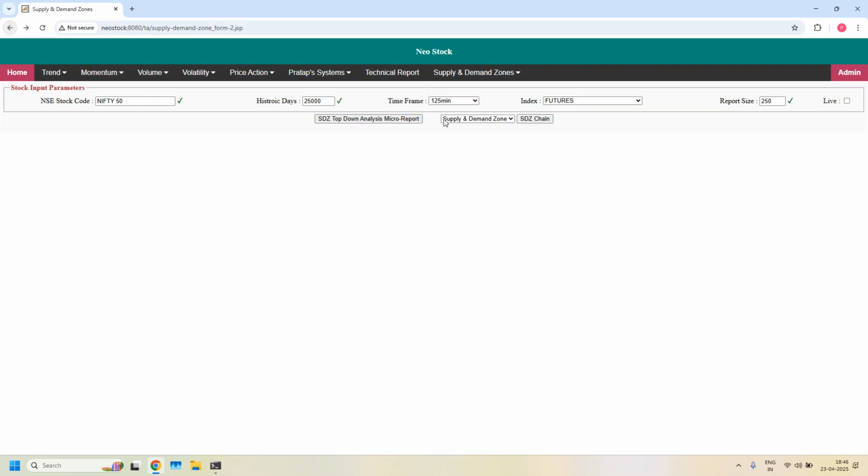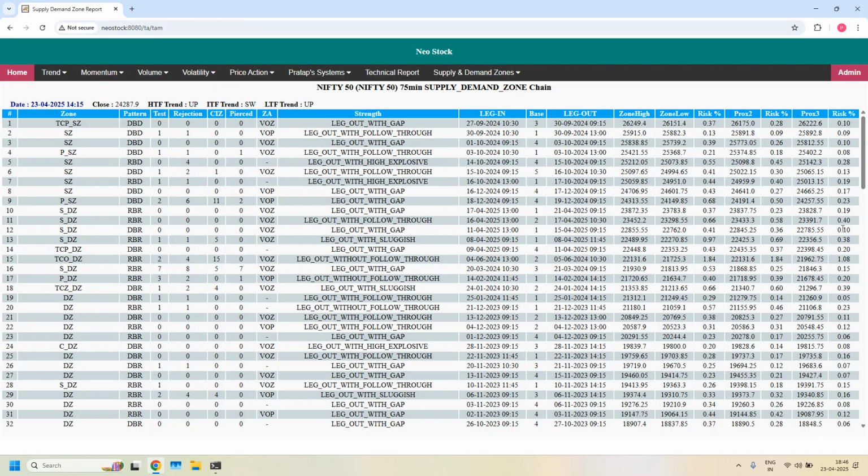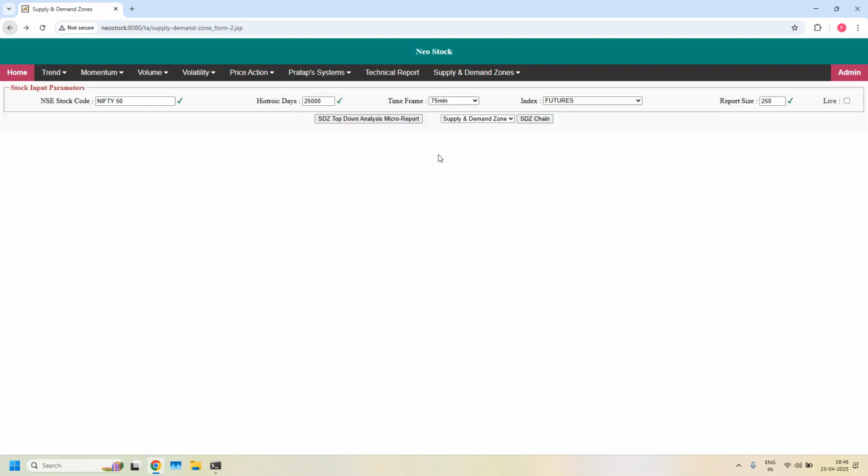Okay, next, generating 75 minutes supply demand zone chain for NIFTY. Okay, next, generating 25 minutes supply demand zone chain for NIFTY.